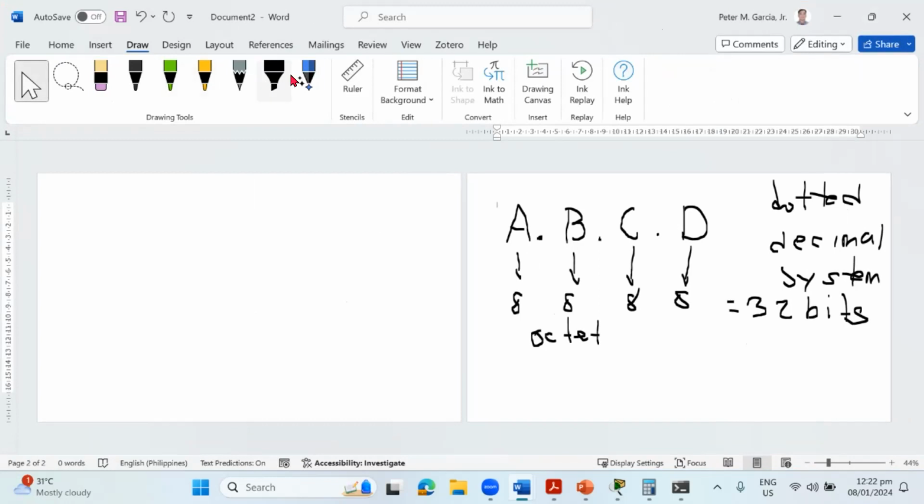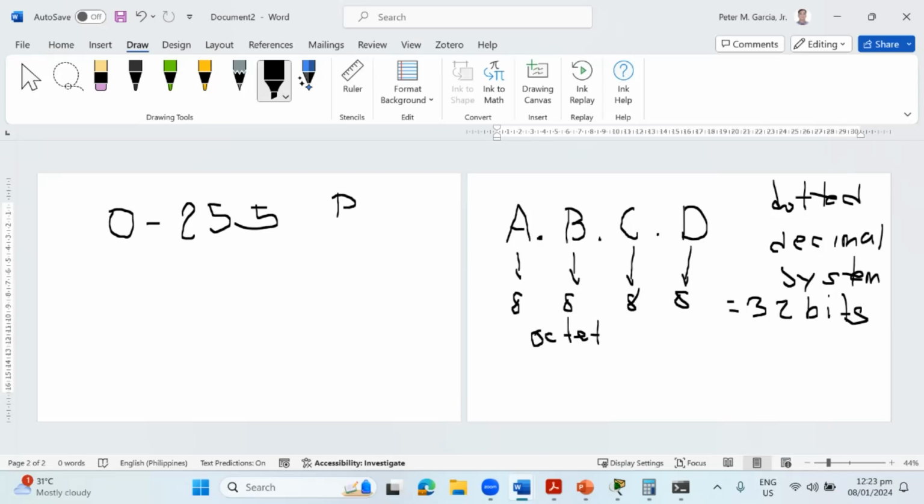So sa IP address natin, based on the standard provided for the addressing, ang maximum decimal number na pwede natin gamitin is from 0 to 255 only. So yan lamang ang pwede natin gamitin. So that will be the maximum number.